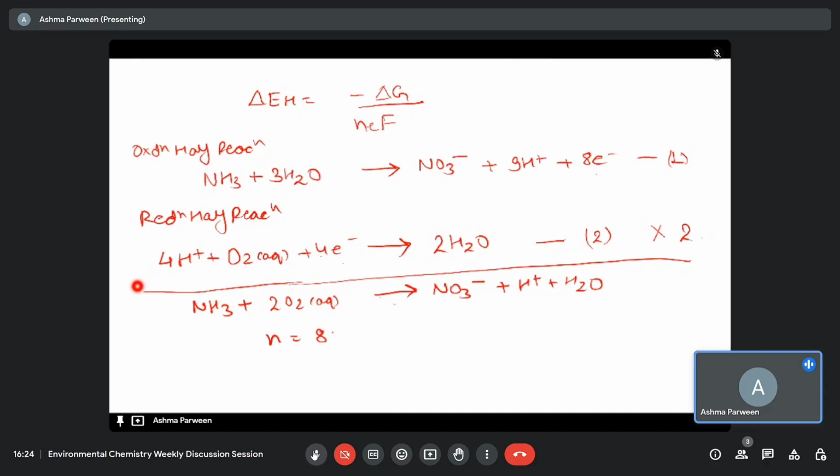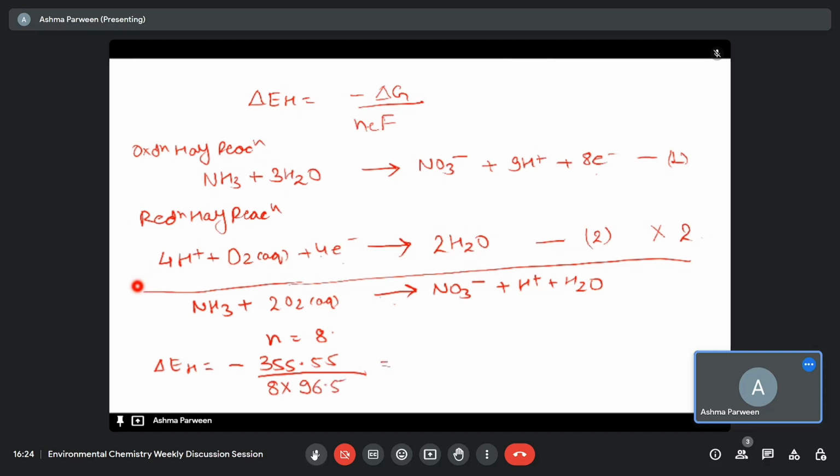Let's find the delta EH. It will be minus delta G, which was minus 355.55 kilojoules per mole, upon the number of electrons transferred, which is 8, and the Faraday constant, which I have given as 96.5. Let's solve this.